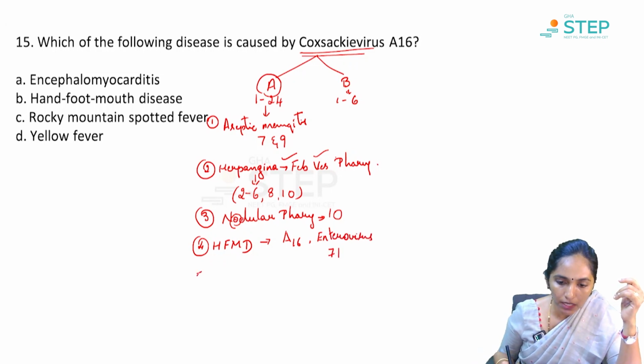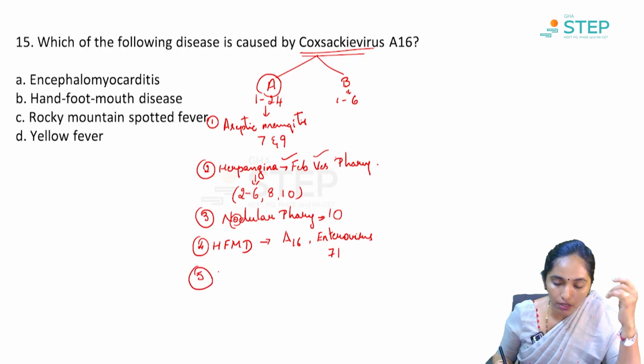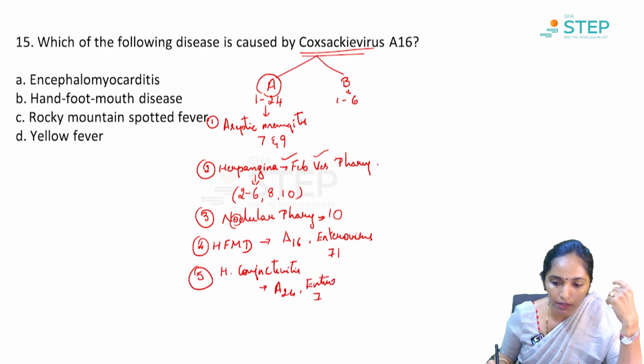The last most important one is hemorrhagic conjunctivitis, which is caused by A24 along with enterovirus 70.